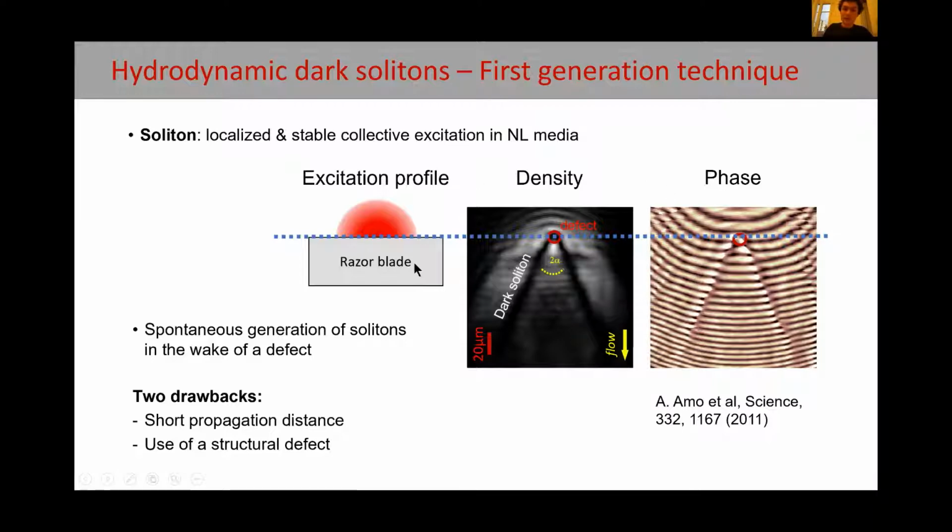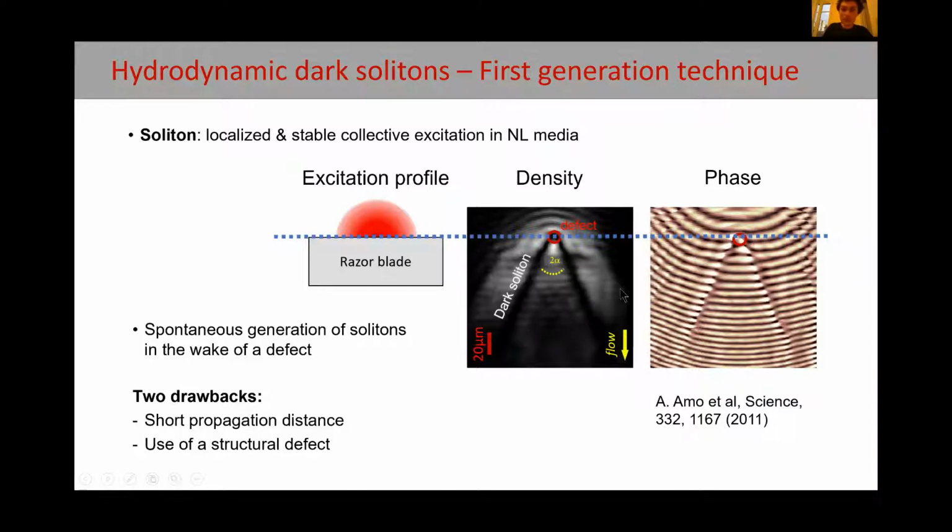And here in particular, you have one of our first historical observations of the spontaneous generation of an oblique dark soliton in the wake of a structural defect. So how does it work? We inject the polaritons upstream of a structural defect at resonance in order to let the phase evolve freely in this part of the cavity.